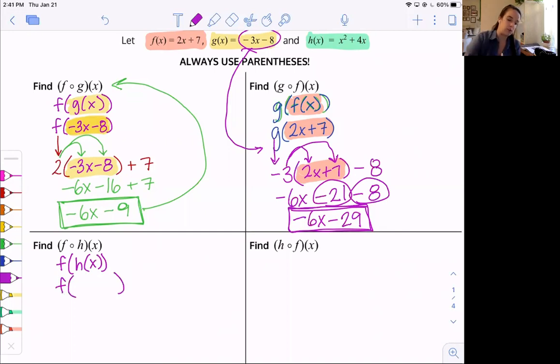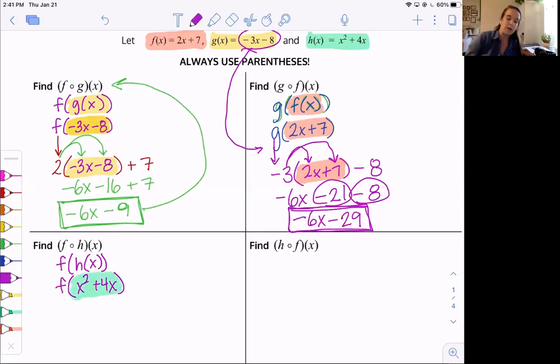What is the h function? What should I put instead? x squared plus 4x. Yes. Thank you, Zephyr and Roxana, for working that out. Perfect. So we have our x squared plus 4x.